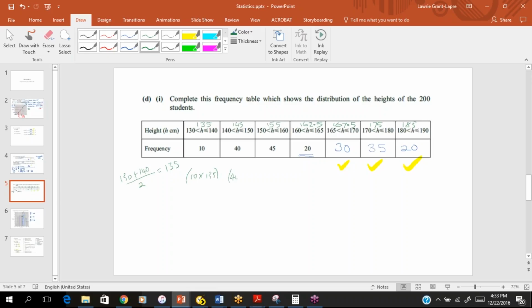You have to go 40 times 145, 45 times 155, 20 times 162.5, 30 times 167.5, 35 times 175, and then 20 times 185. Get that answer, you add those individual values together. Get that answer and divide by how many? There were 200. That will be the mean or the average.